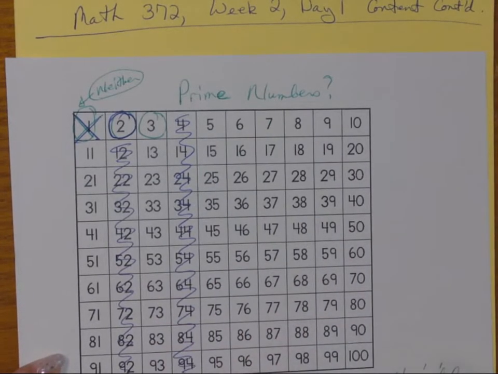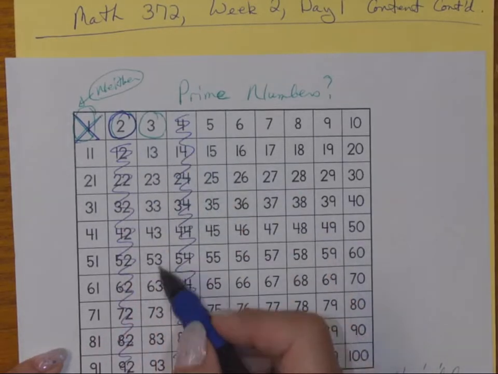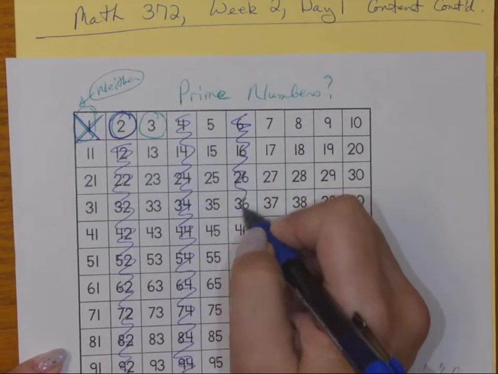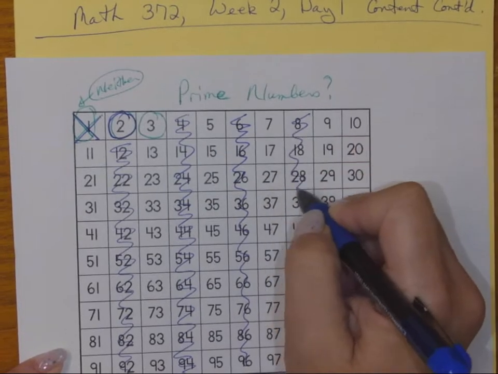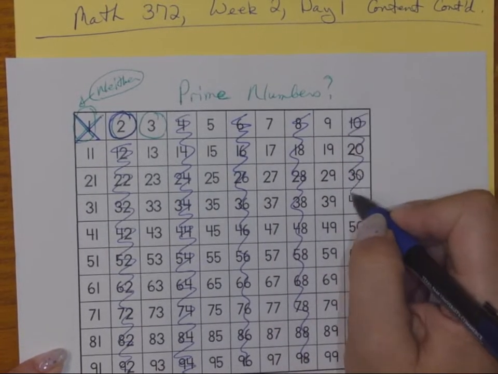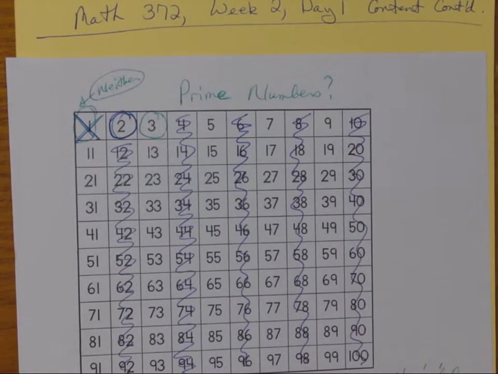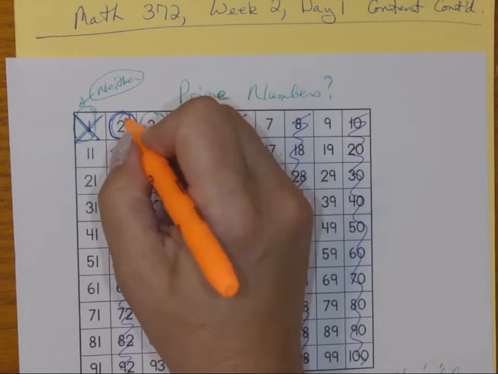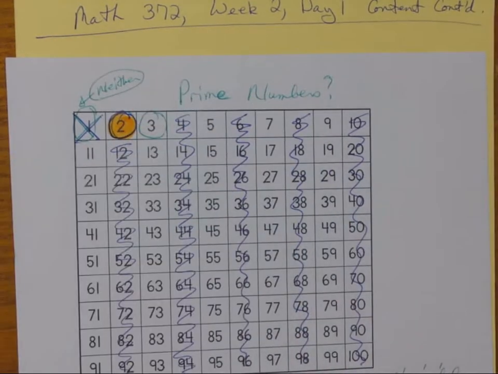All the 2's go away except for the actual number 2. All the 4's go away. All the 6's, all the 8's, all the 10's go away because all of those are divisible by 2. So just by definition, they are not prime because they're divisible by something other than 1 and itself. So the number 2 is a prime number. It's the only even one. Okay?